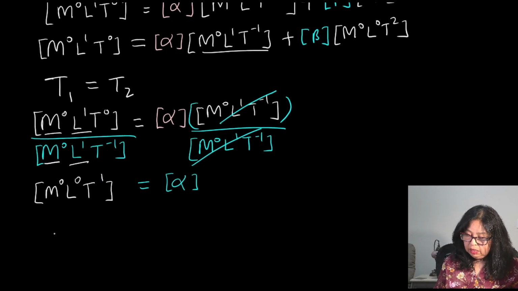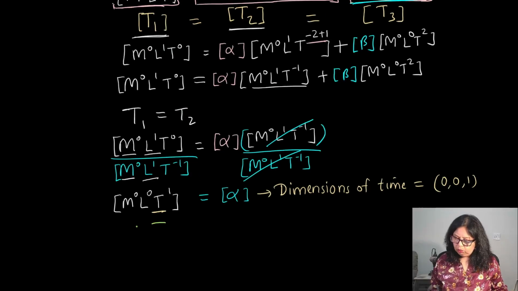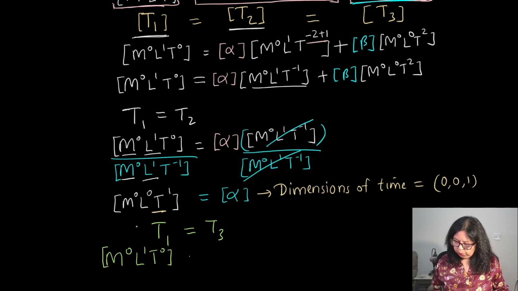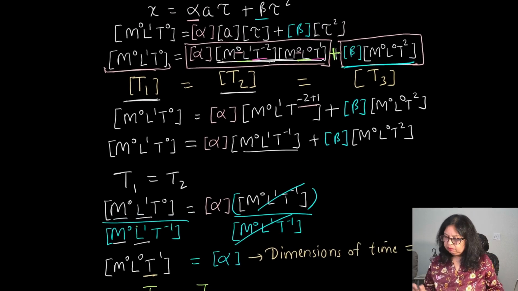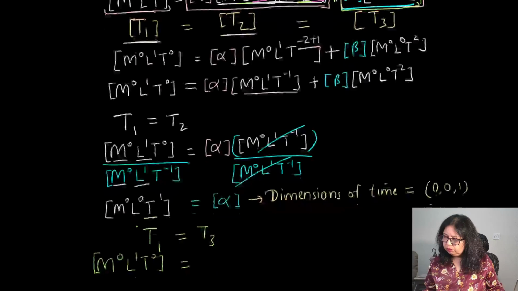Now to solve for beta, I'm going to use the same principle. Let's set T1 equal to T3. T1 is the left-hand side, which is M0, L1, T0. And what is T3? We called T3 beta times M0, L0, T2.